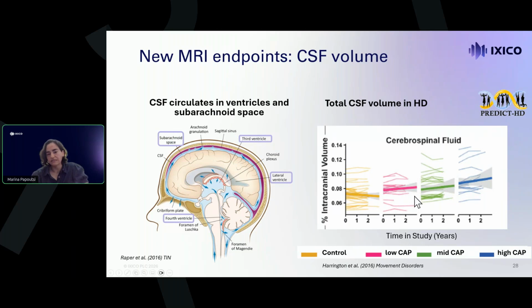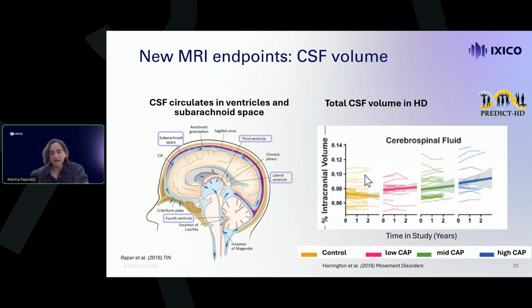It increases as the disease progresses and there's more atrophy. This is a figure from Predict HD. In yellow is a control group, and the low, mid, and high CAP groups are in red, green, and blue. So this is another interesting endpoint to consider.